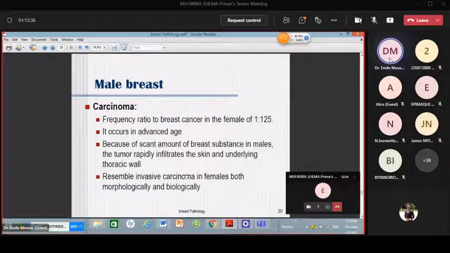Carcinoma in male is 1/125 that of female. Morphologically, they resemble invasive carcinoma in female, both morphologically and biologically.